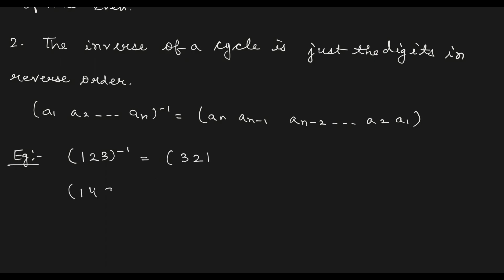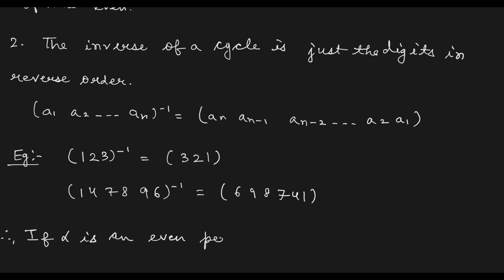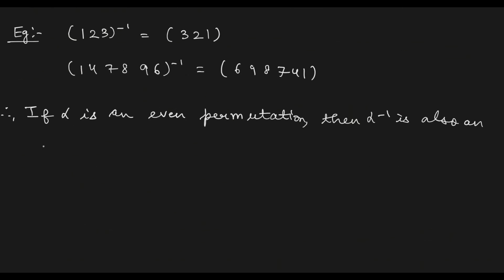Inverse of (1 4 7 8 9 6) will be (6 9 8 7 4 1). Therefore, if alpha is an even permutation, then alpha inverse is also an even permutation.